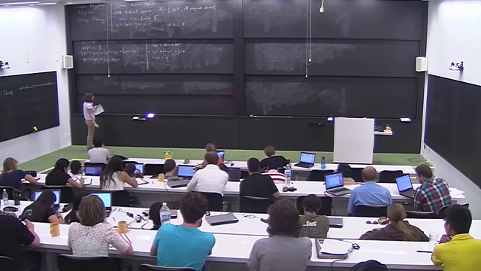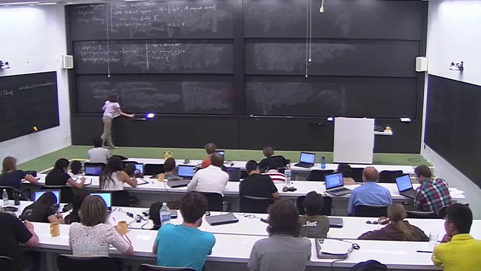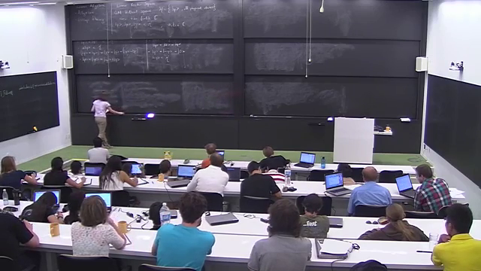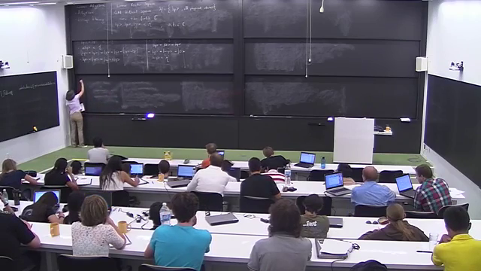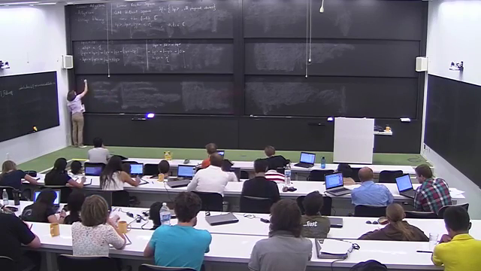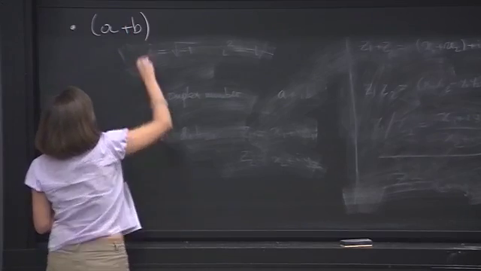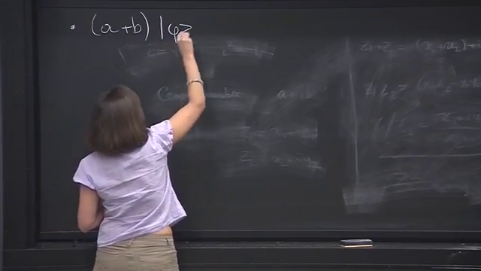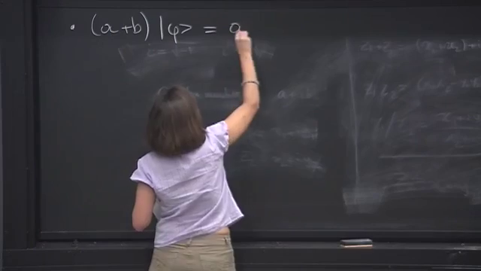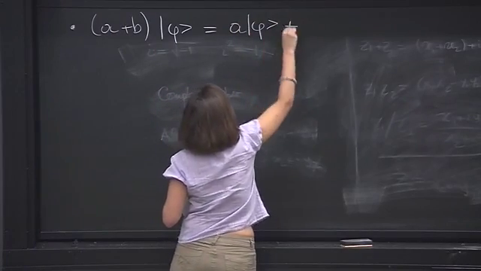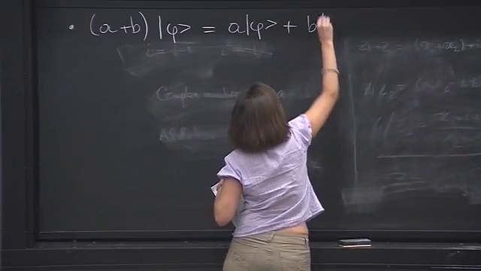The rest of the properties that define a linear vector space is that A plus B times a state phi should be equal to A times phi plus B times phi.